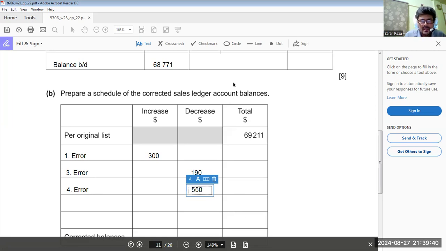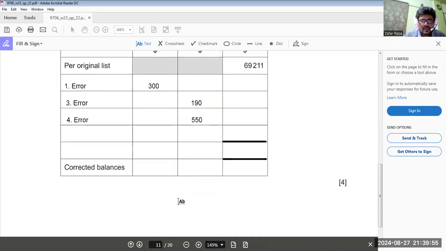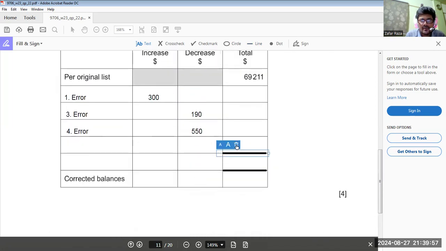So the totals here. Corrected balance. Okay, sorry, they have given that. Okay, the corrected balance we have to report here. How? We have to increase 300 and we have to decrease 190 and 550.